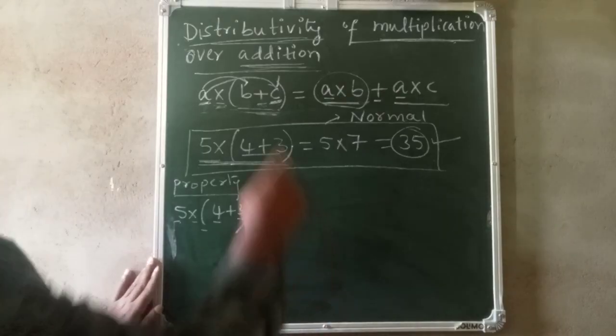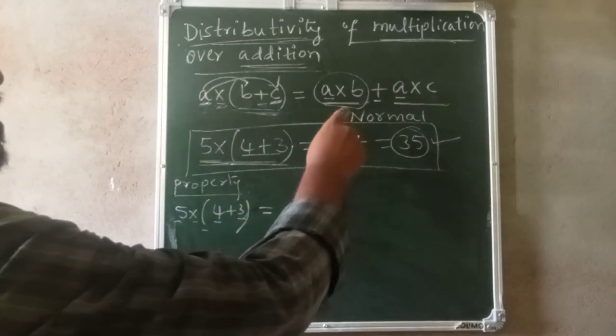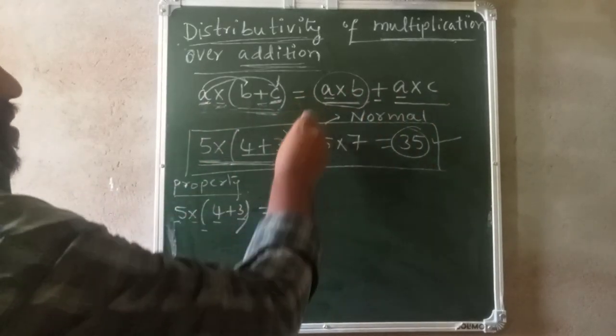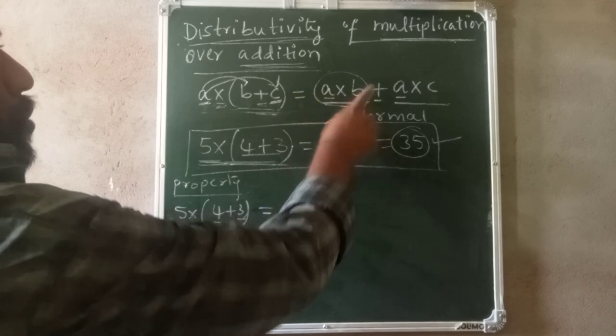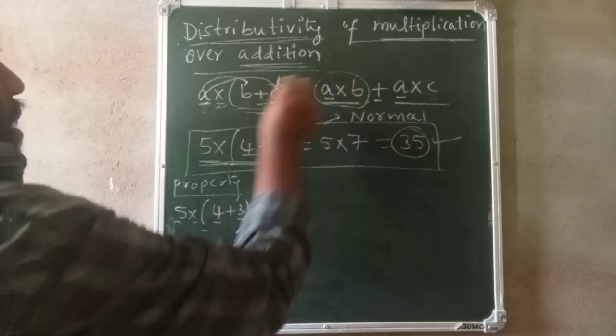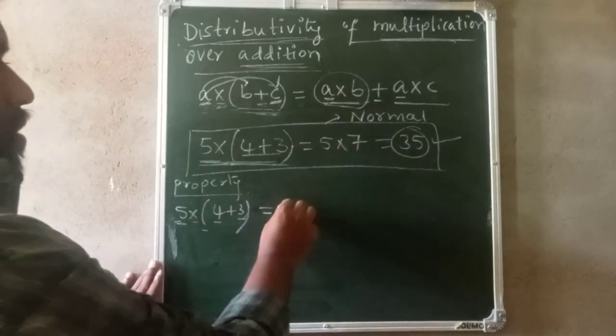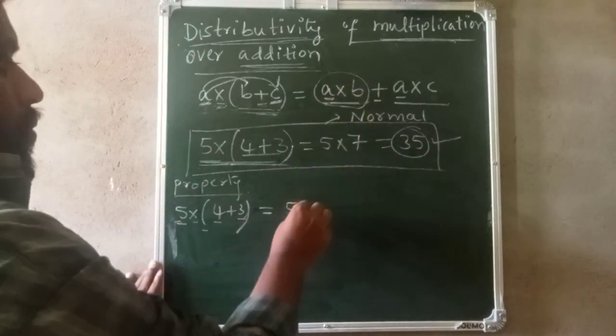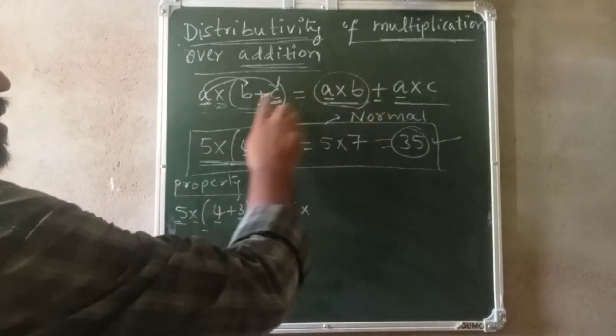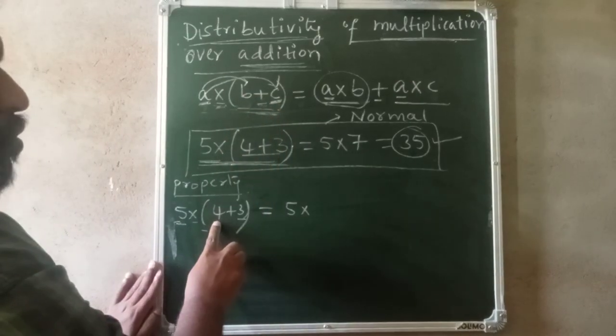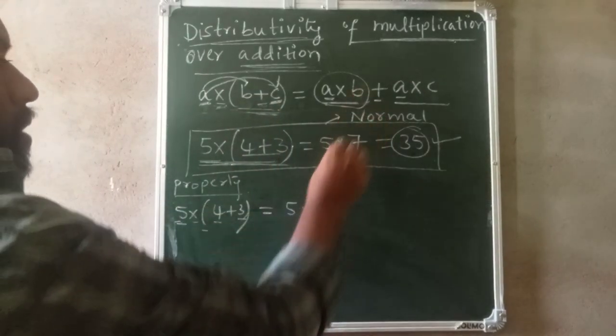Now using this property, after the equal sign we have A into B. In place of A, 5 is there, so write 5 into B. In place of B, 4 is there, so write 4.